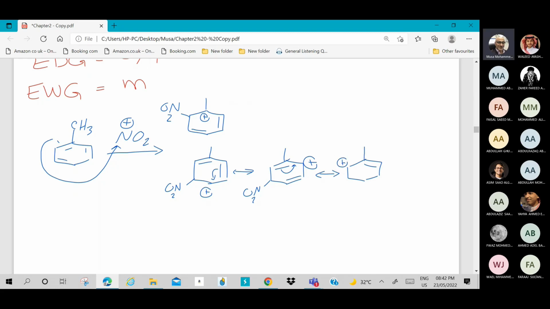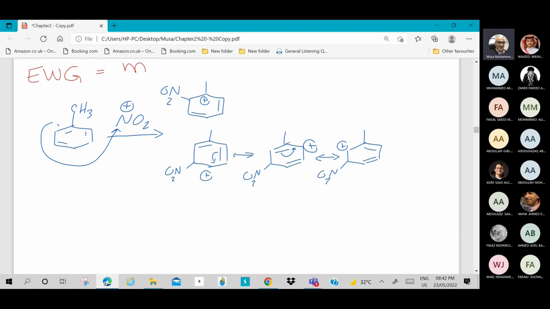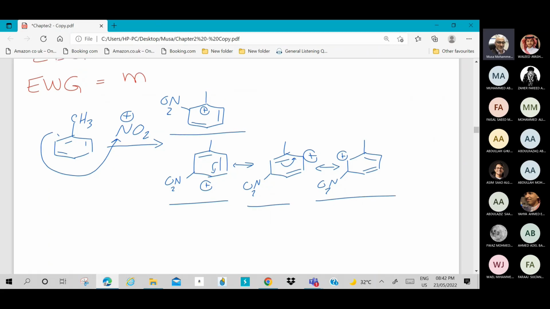So apparently, you can see that this is secondary, this is secondary, this is secondary. But now in the first resonance form here, we have a tertiary case. So this tertiary is a special resonance form. It has added stability. This can come here, and now we have double bond, we have positive charge, double bond, and nitro.